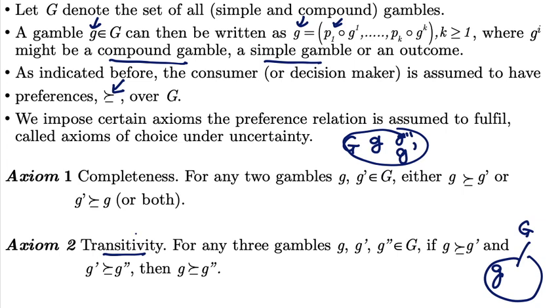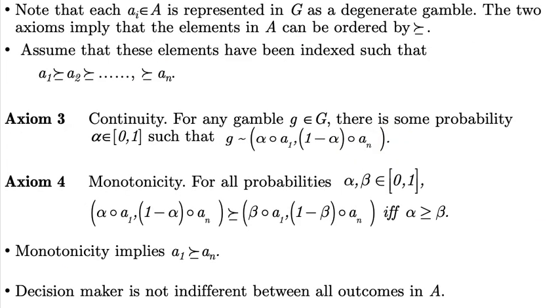Now let's move to the third property, but before that, carefully note that each outcome in the set of all outcomes A is represented in G as a degenerate gamble. So for each outcome, in a set of outcomes, if you can remember in the second slide earlier, I already mentioned this.